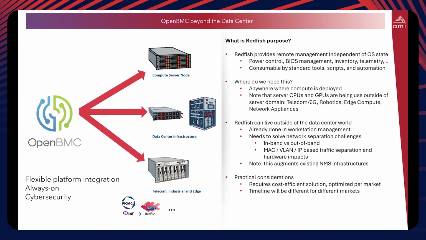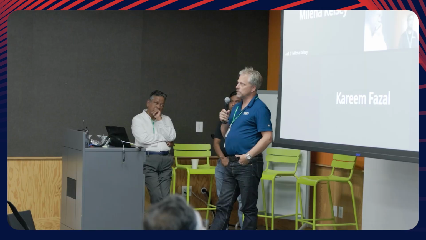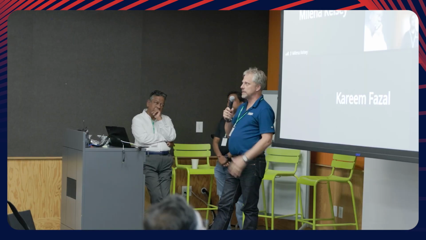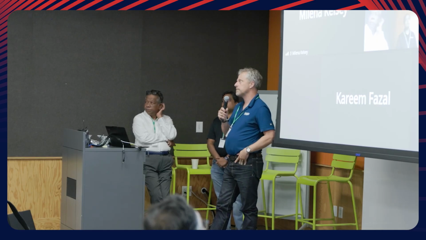I think there will be a set of challenges, and it very much goes, in my language, to in-band versus out-of-band management, or how you carry management and payload on the same wire in different VLANs or otherwise. There's a lot of work to be done to noodle through that. I am not at all claiming that I know the answers, but we can see something like this coming in the next couple of years. I say by 2030, we'll be managing all kinds of edge compute, telecom, and similar boxes.